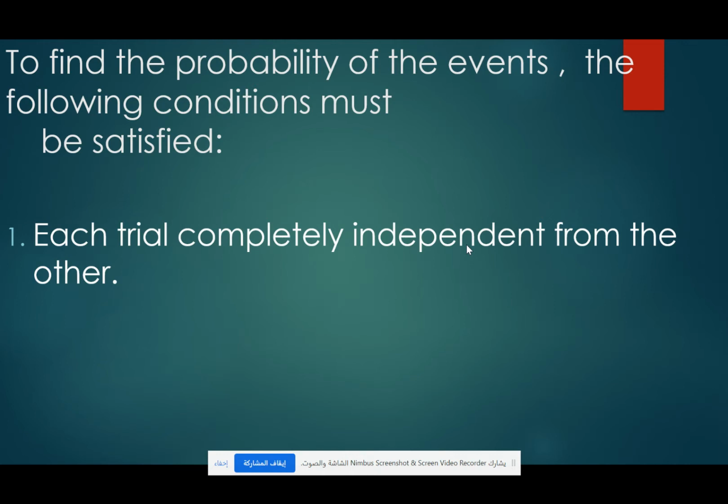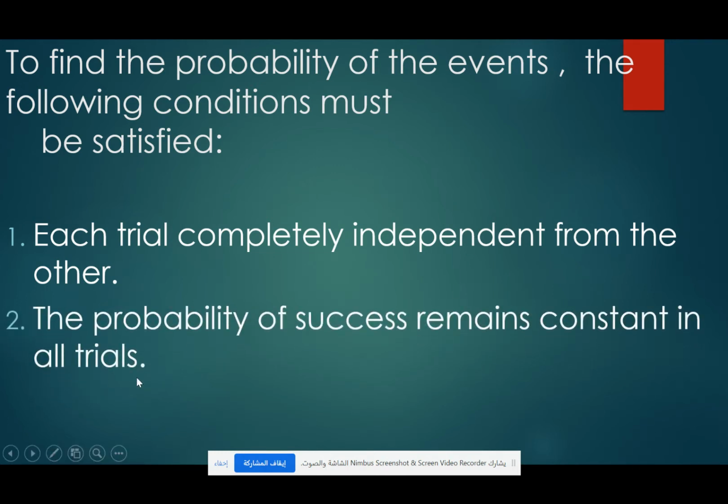For example, when we are doing an experiment of tossing a coin 10 times, the outcome we get from the fourth trial doesn't depend on the next trial or on the third trial, and none of them depend on those before. So each of them is independent.